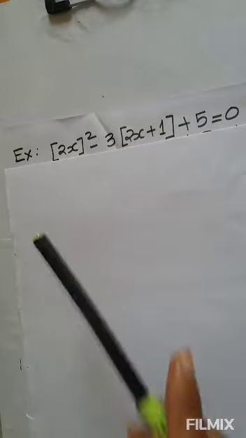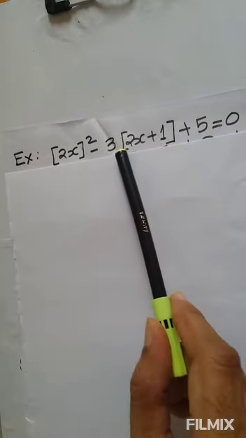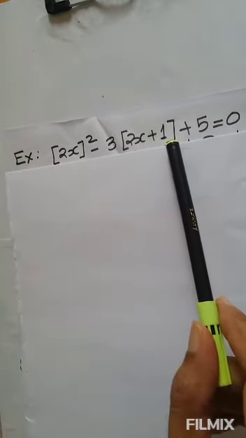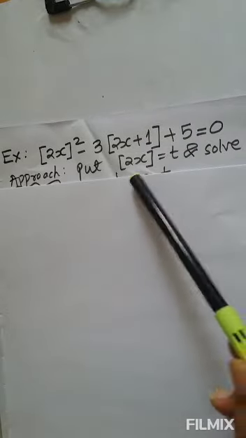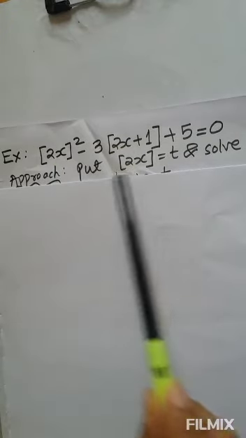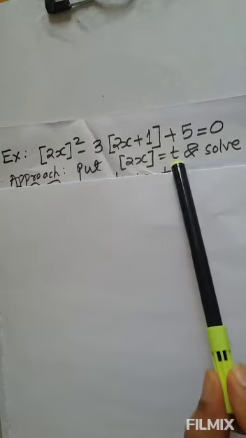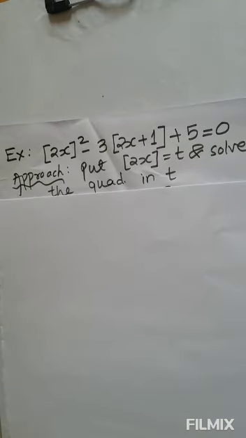Now let's take an example. Greatest integer of 2x square minus 3 times greatest integer of 2x plus 1, plus 5 equals 0. Let's try this. Our approach can be like this: we convert this into greatest integer 2x, put greatest integer 2x equals t, and solve the quadratic in t.